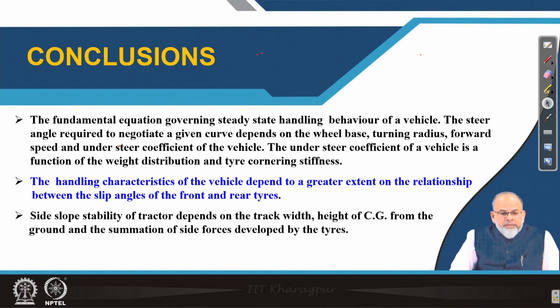The first condition is overturning, which depends on the track width and the height of the CG, and the second is the sliding down of the tractor, which depends on the side force. That means the lateral forces developed at the front and rear tires should be sufficient to support the sine component of the weight of the vehicle.